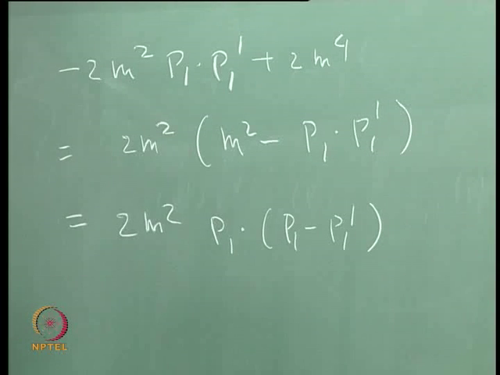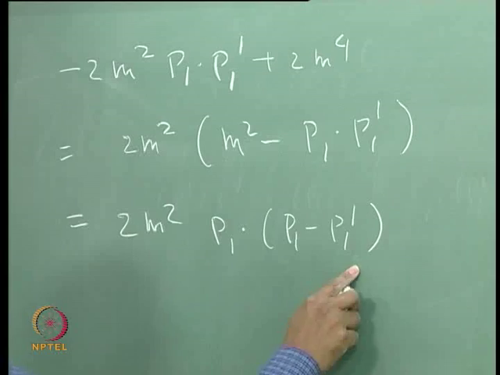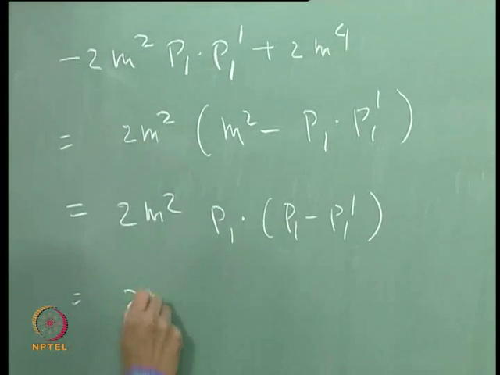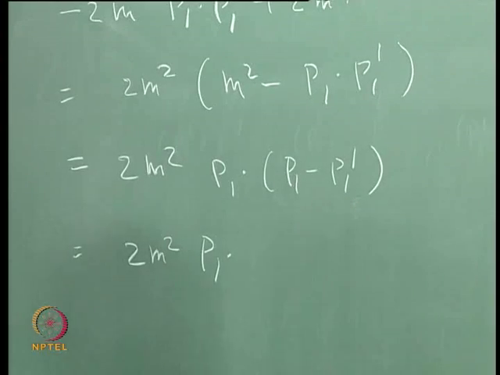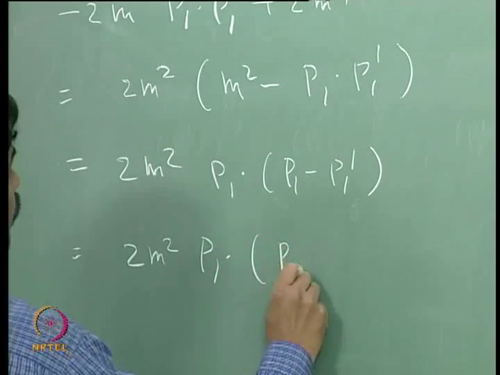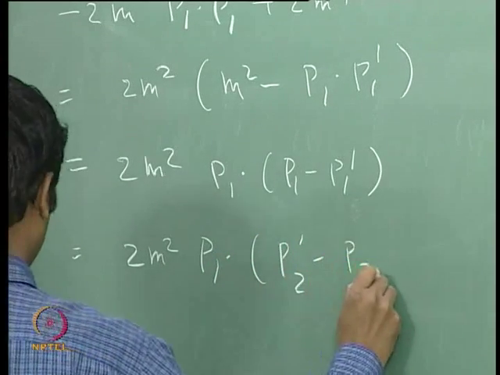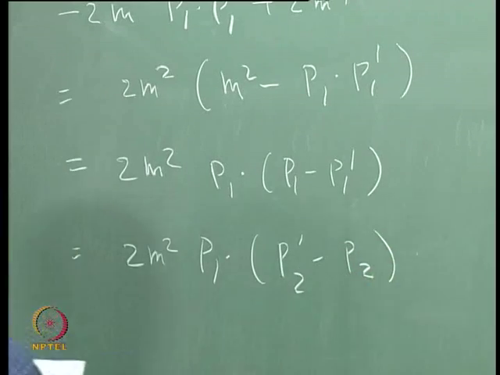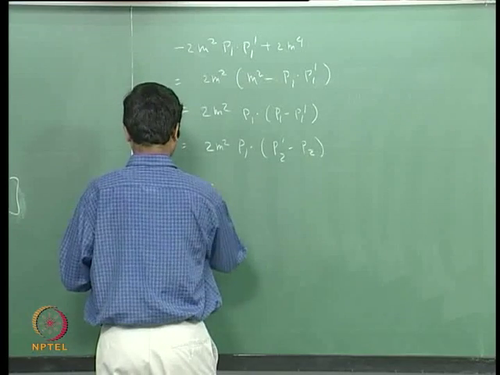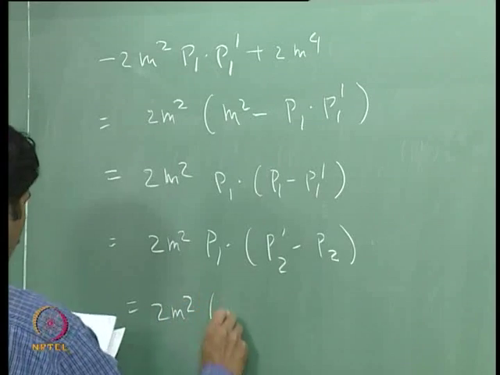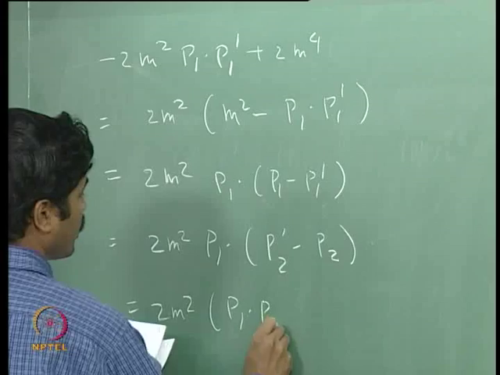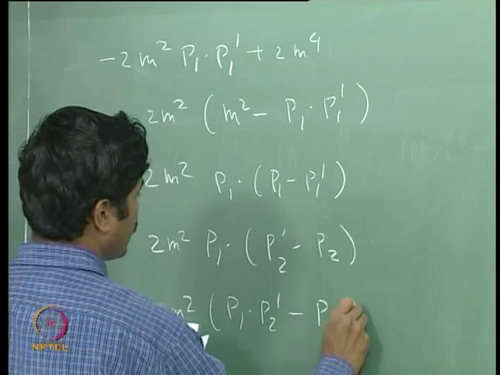All right. Then I will use the energy momentum conservation rule to write twice m square P1 dot P1 minus P1 prime, which is equal to P2 prime minus P2. So this is just twice m square P1 dot P2 prime minus P1 dot P2.